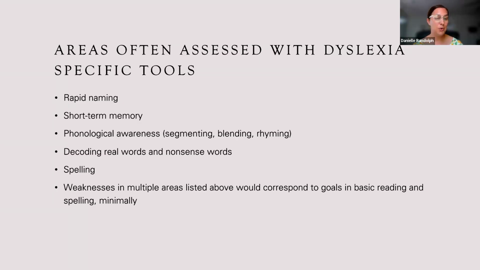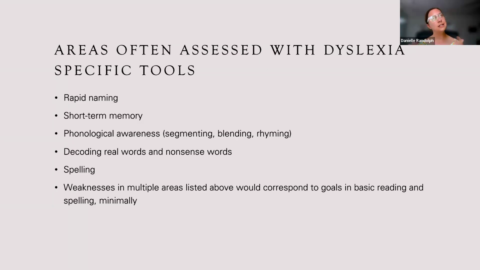We look at, again, decoding, we look at spelling, and weaknesses in any of these areas that are listed right here would generally correspond with dyslexia. And we would see goals in basic reading and spelling minimally. When we look at the cognitive profile, I would say a typical student with dyslexia is going to have average scores in all of the areas of cognitive functioning except for auditory processing.